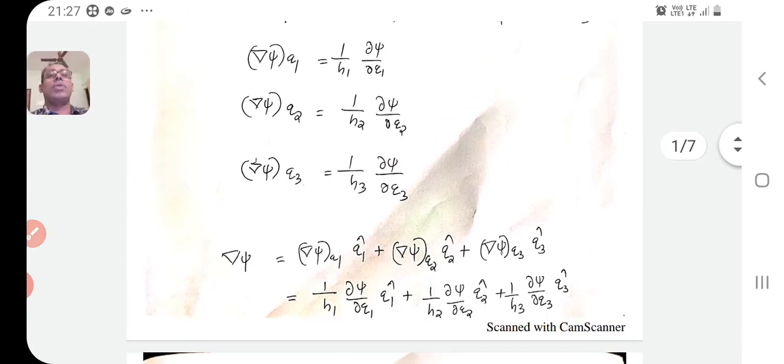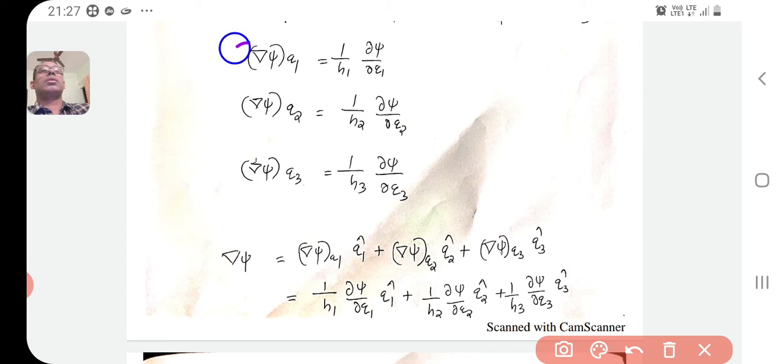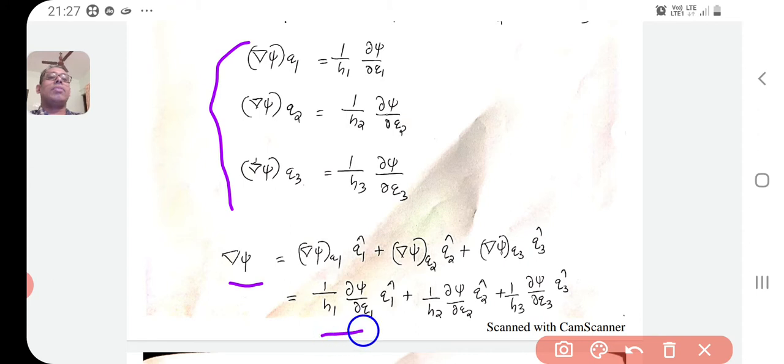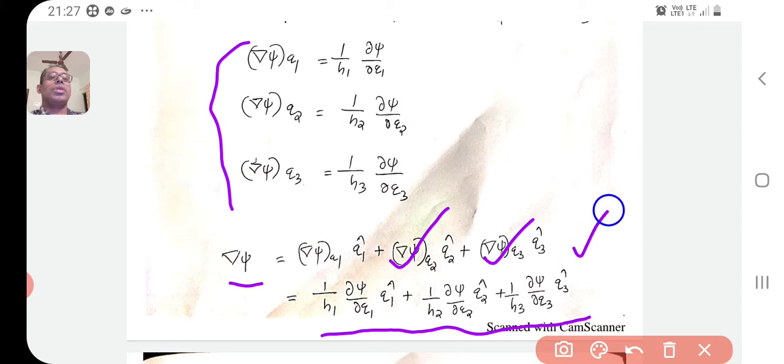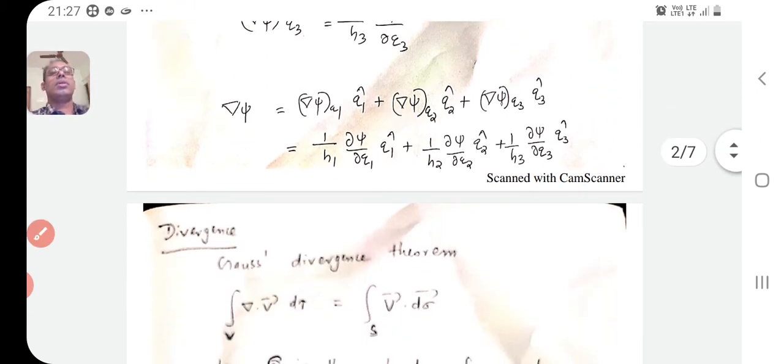Okay, so we have got the components, and using that we can write del psi as 1 by h1 dou psi dou q1 unit vector q1, 1 by h2 dou psi dou q2 unit vector q2, 1 by h3 dou psi dou q3 unit vector q3. So this is our del psi, the gradient of a scalar function.